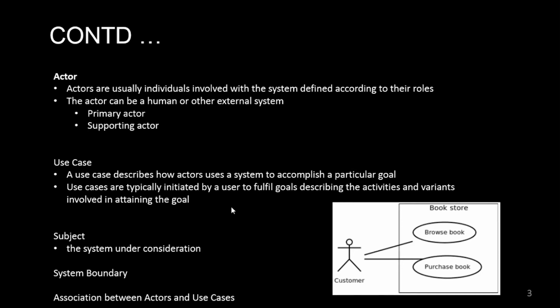So the use case is one kind of graphical overview of the functionality provided by your system, and those functionalities are different kinds of actions which a user can take concerning this particular system. You have to show the different actors and dependencies among the actors and use cases.